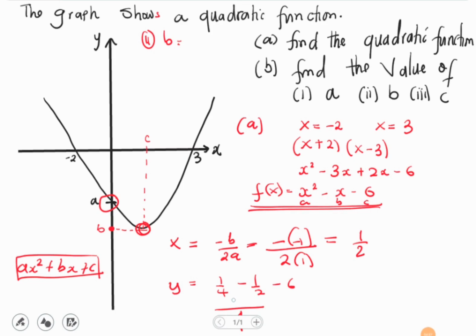We have 1 minus 2 minus 6, so y is equal to -1 over 4, then minus 6. We get y as -25 over 4. That is our y. Therefore, our b is equal to negative 25 over 4, and our c is equal to 1 over 2. This is just the value of the turning point. That's all.